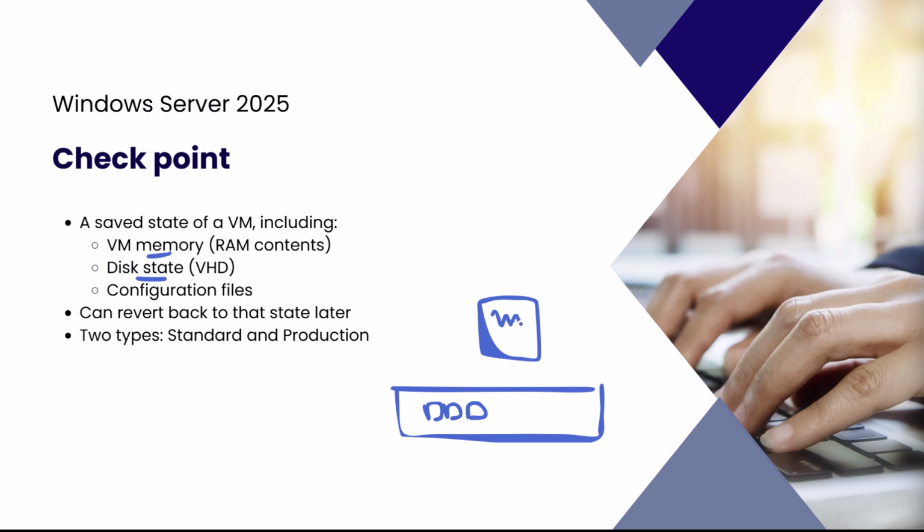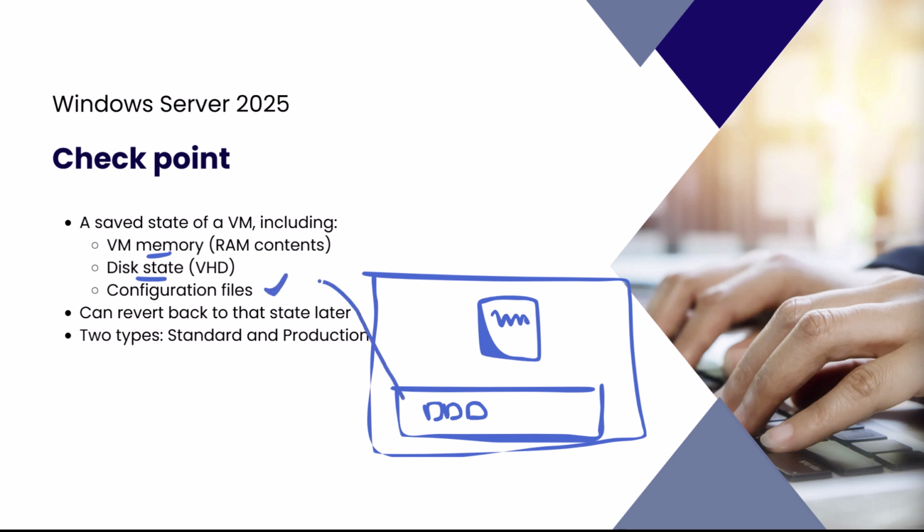You write something in this file, and when you take a snapshot or a checkpoint of this machine while this file is open and you keep writing, the checkpoint will save the configuration file, the disk state, and the RAM content also.